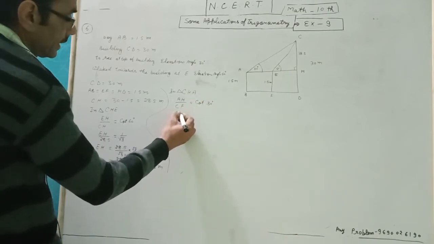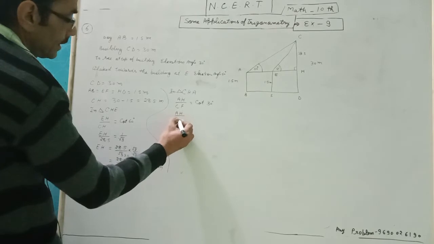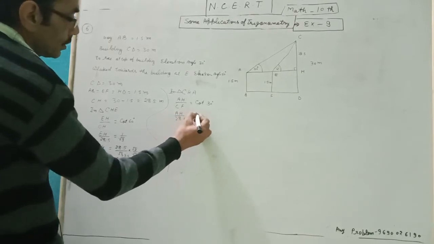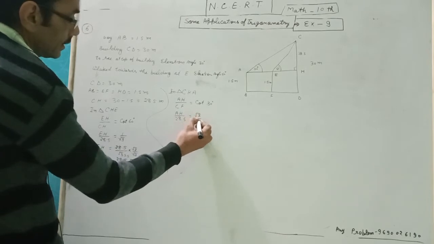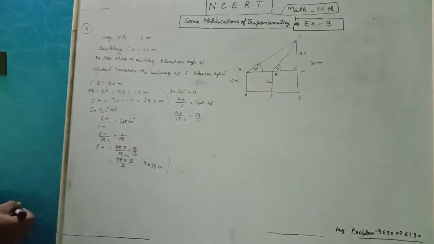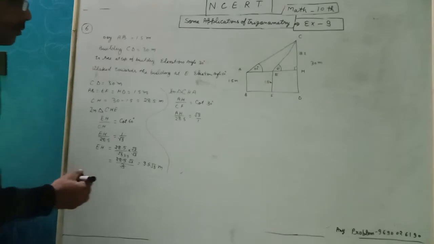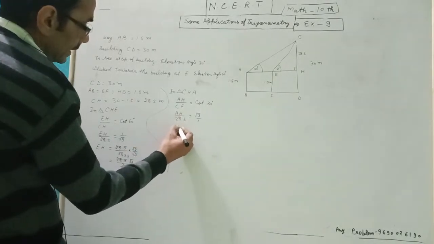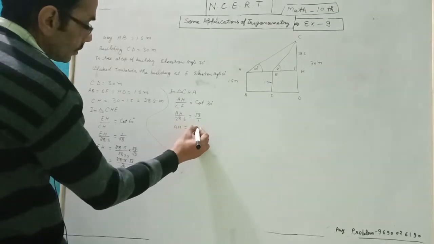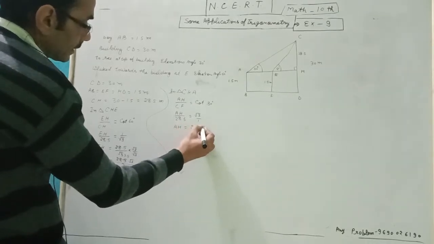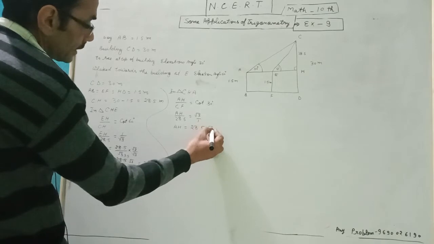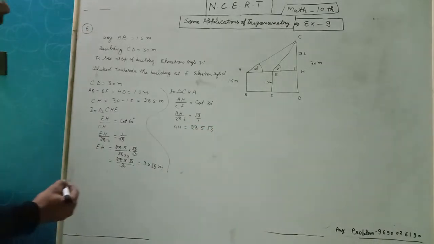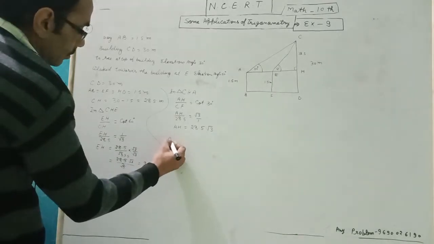AH upon 28.5 is equal to under root 3. According to the trigonometrical table, cot 30 is equal to under root 3. After cross multiply, AH is equal to 28.5 under root 3.